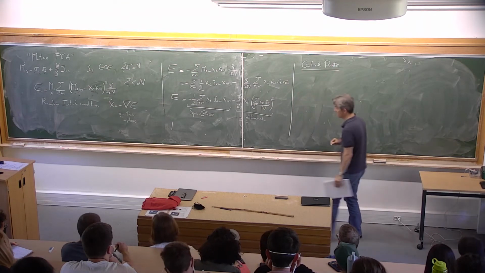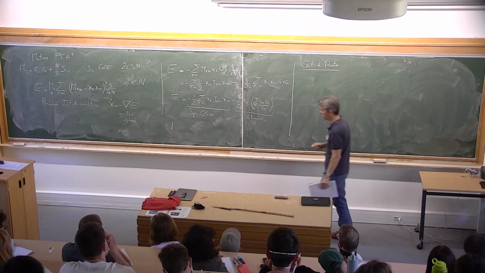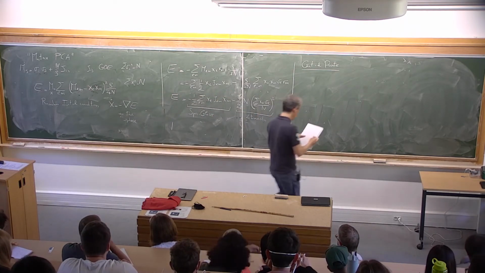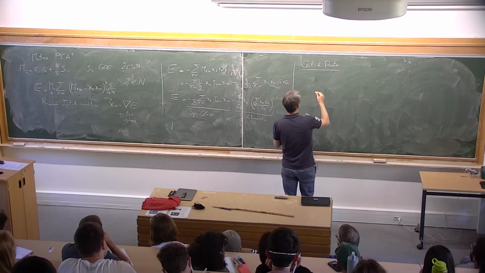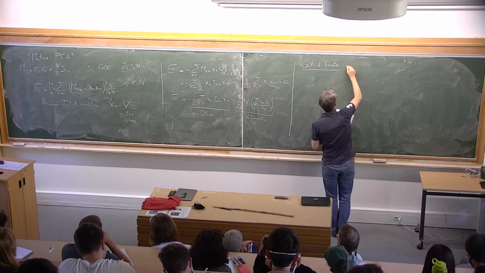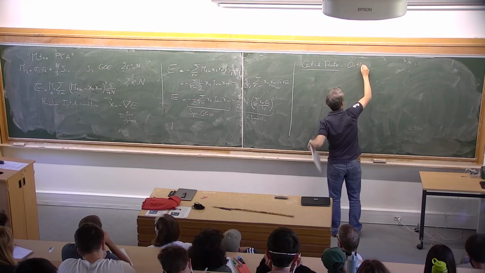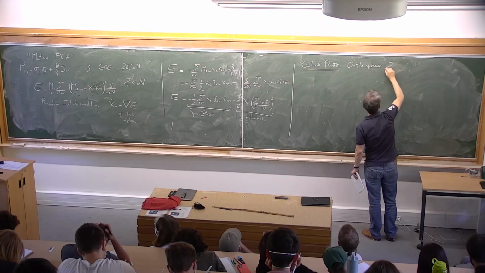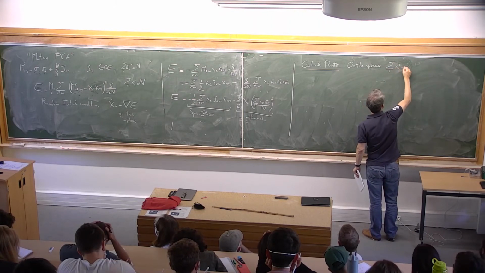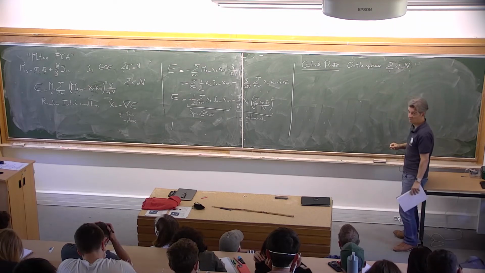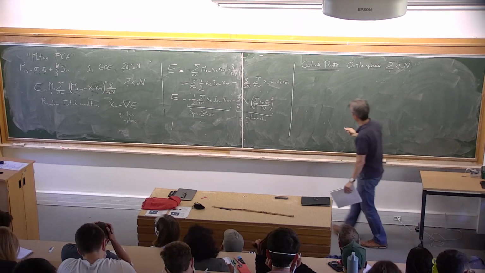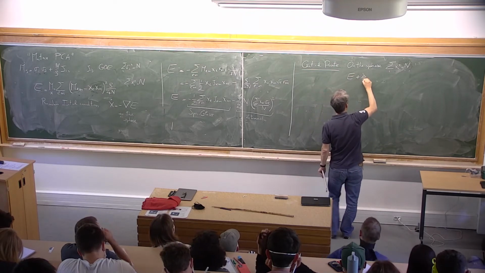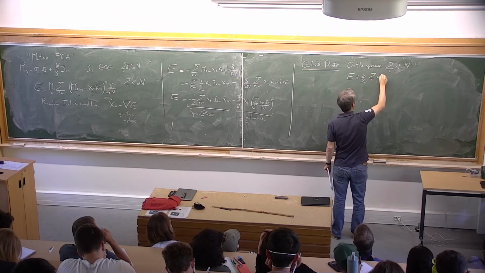Well, it's very simple. You have to study the critical points, so when the gradient is 0 on the sphere. Since you are on the sphere, this means that you have to add a constraint. So you have to do the gradient with the constraint that the sum over i of x_i squared is equal to N. The way to do it is to add to the energy a Lagrange multiplier, which enforces this constraint.